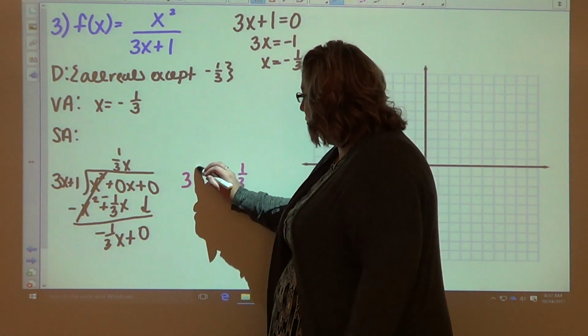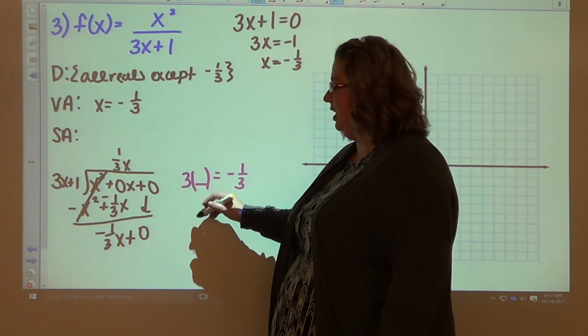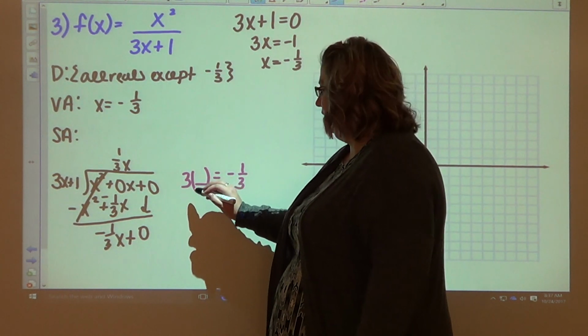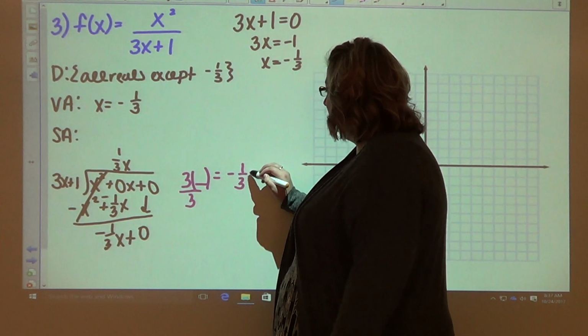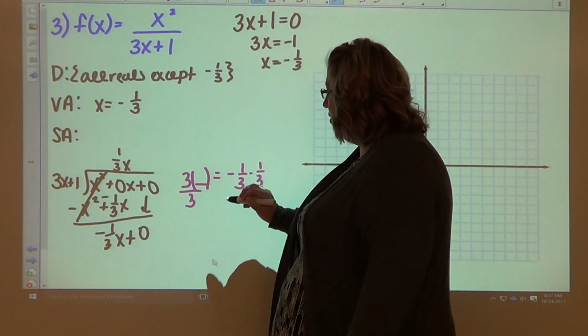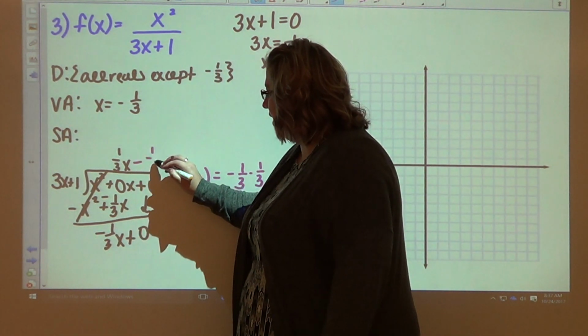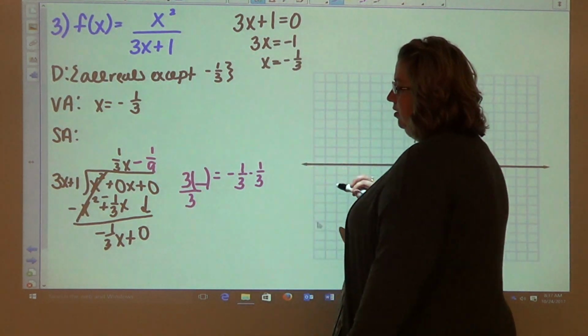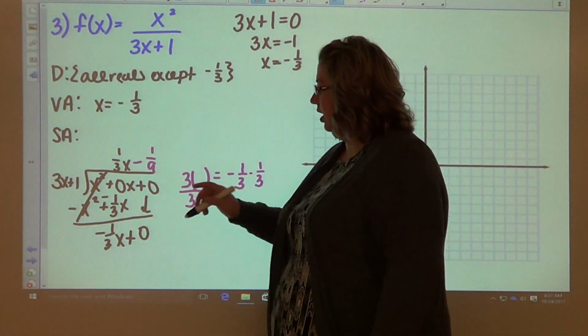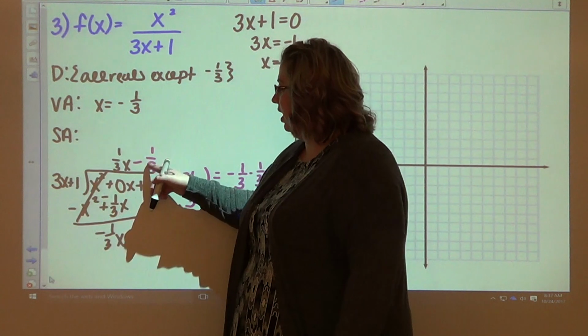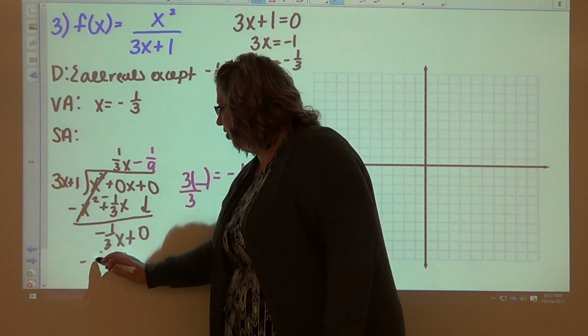Okay, so that's what I try to think. Well, if I want to figure out what that is, then I need to divide by 3. The same thing as dividing by 3 is multiplying by its reciprocal. So this would be -1/9, because 3 and -1/9 multiplied together is -1/3.